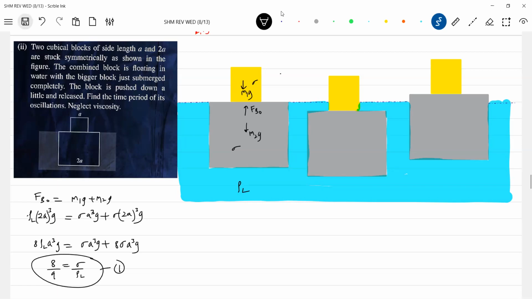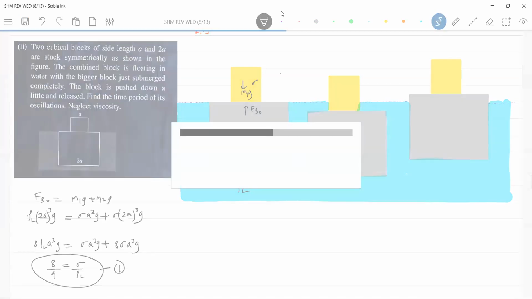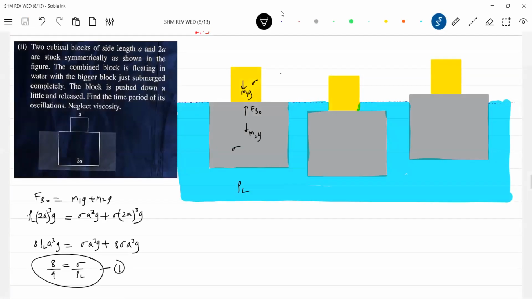No. It's asking the time period of oscillation. As this side length is 2A, it is slightly pressed here, no?